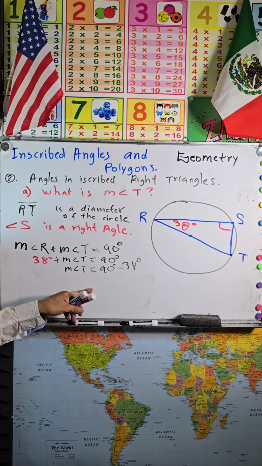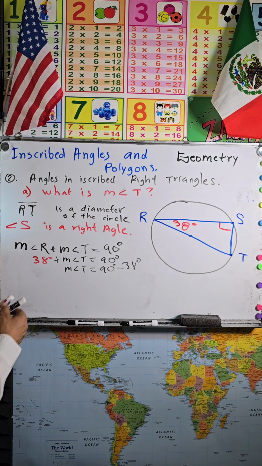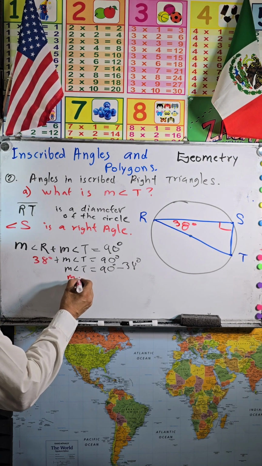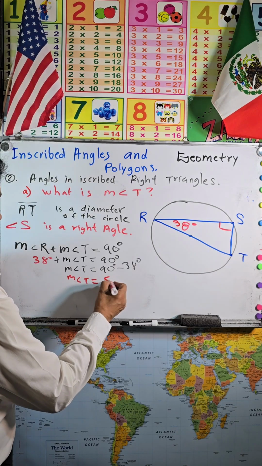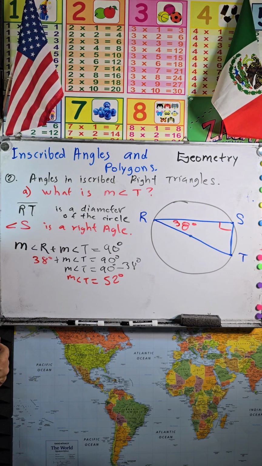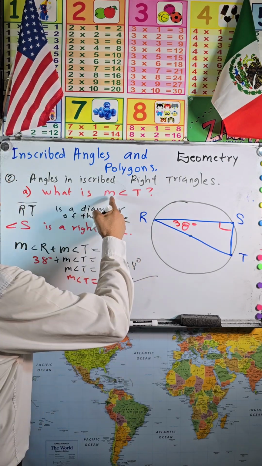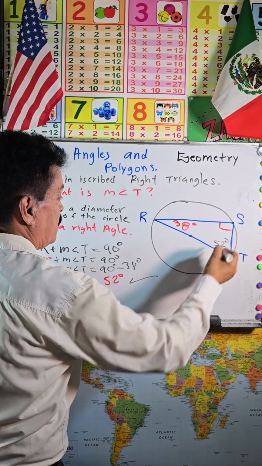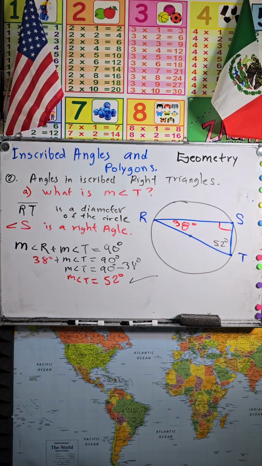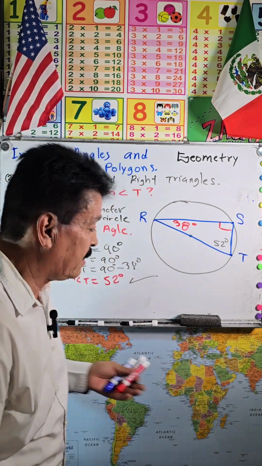You subtract, and the measure of angle T will be equal to 90 minus 38, which is 52 degrees. That's the measure of angle T. All right, that's our second problem.